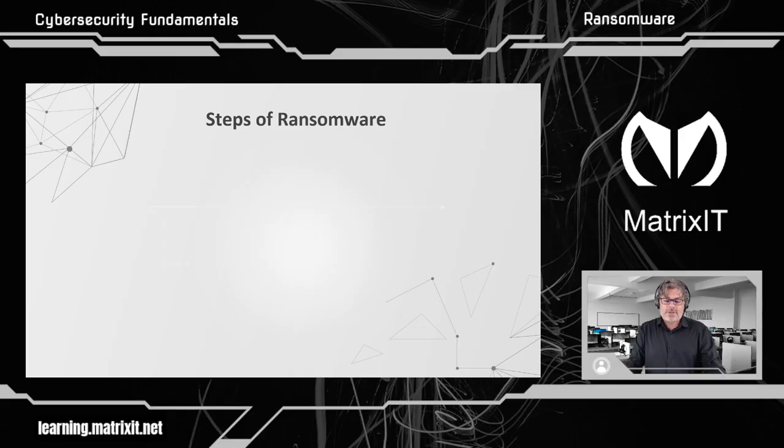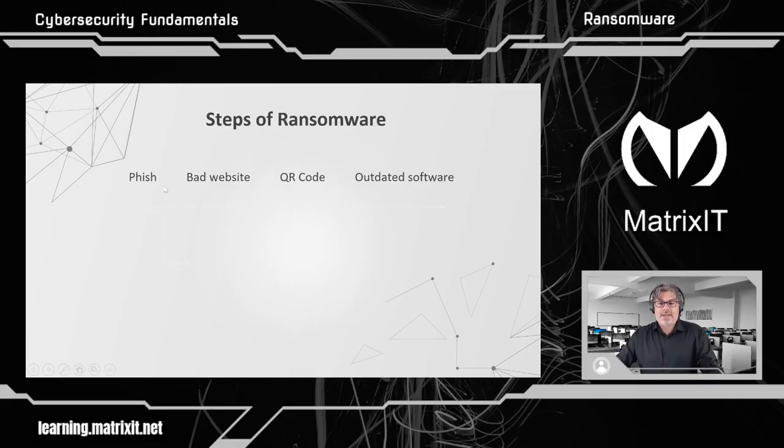So when we look at the steps of ransomware, what do we got? All right, so first thing that the hacker's going to do, I mean, we've talked about all these things in all the different modules. And this is why it's very, very important we pay attention to what we're doing on our computers. So, a phish can come in with a bad link. You click on it, and that attachment or that link is sending you to a bad website, right?